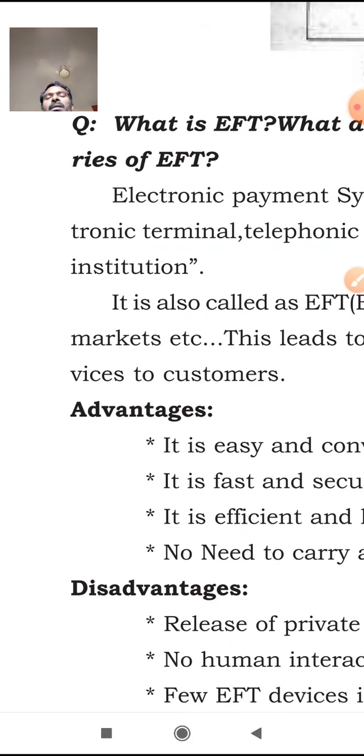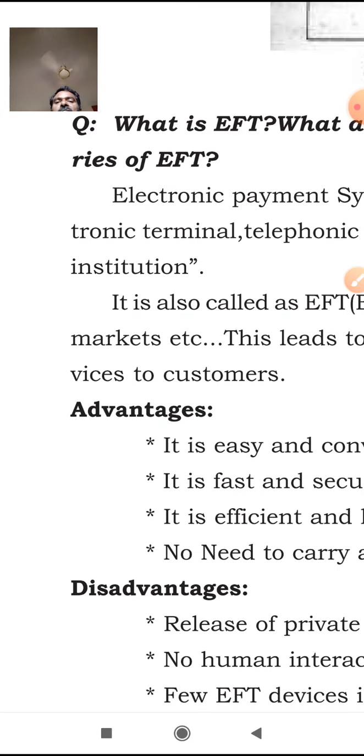For example, so many organizations and institutions are presently available in the market to transfer money in electronic format with the help of EFT applications. For example, e-bill is the most famous EFT application. Google Pay and PhonePe also come under EFT institutions, EFT applications.